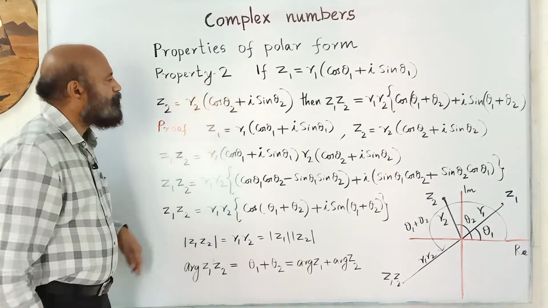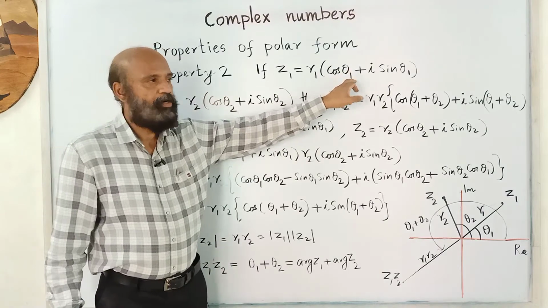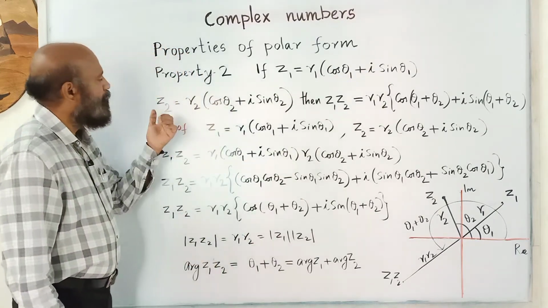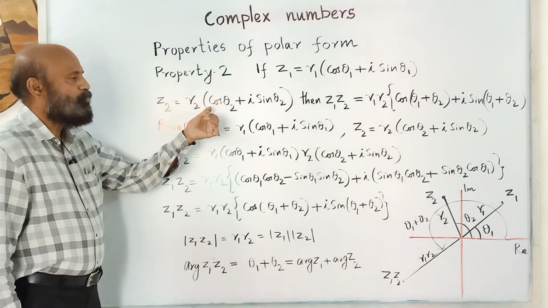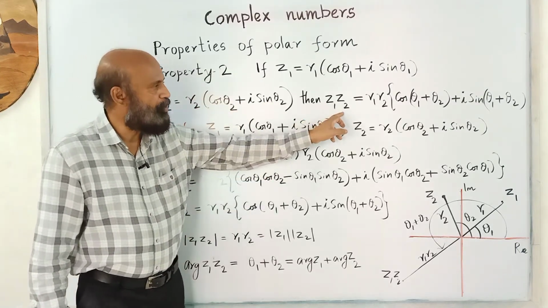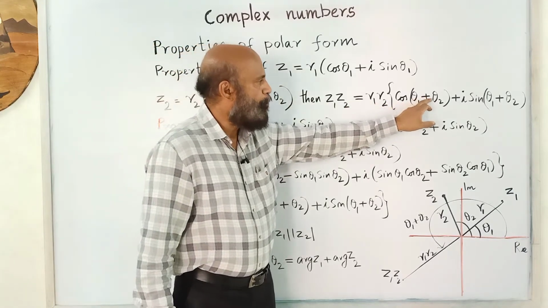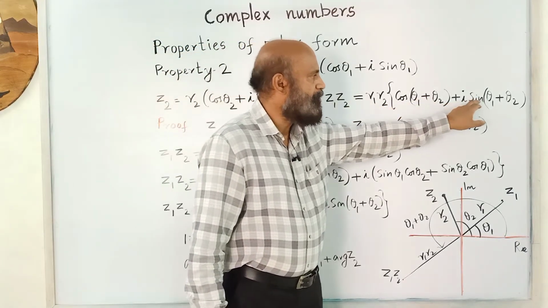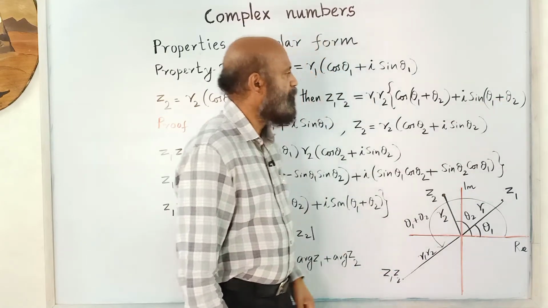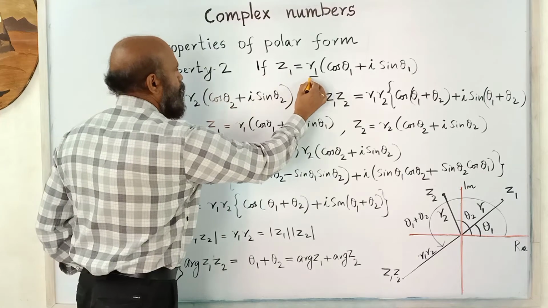Second property. If z1 is equal to r1 cos theta 1 plus i sin theta 1 and z2 is r2 cos theta 2 plus i sin theta 2, then z1 into z2 is equal to r1 r2 cos theta 1 plus theta 2 plus i sin theta 1 plus theta 2. Modulus of the first complex number is r1.